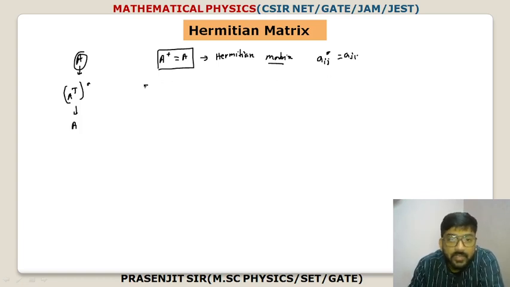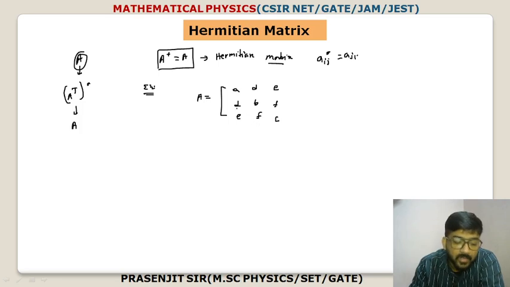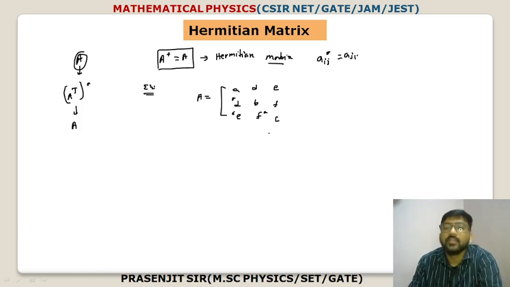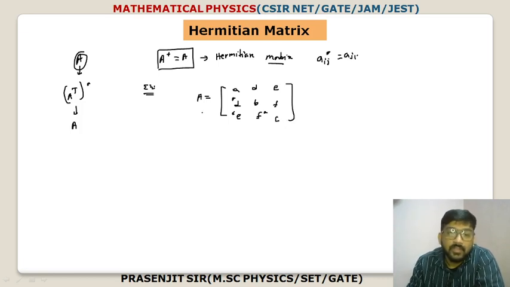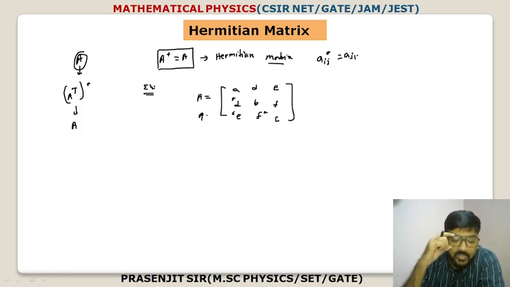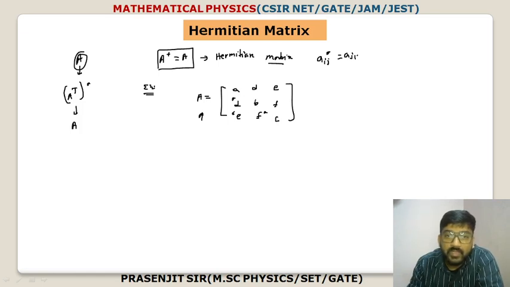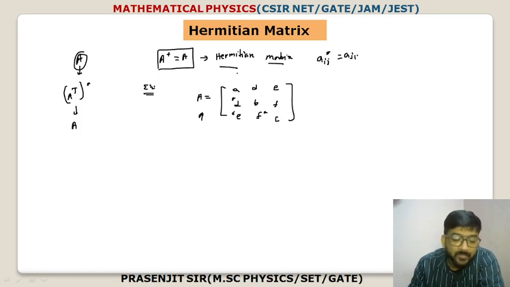For example, let us take an example: A is equal to A, D, E; then D, B, F; and E, F, C. Suppose we take the conjugate transpose of this. Okay, so you will get something like this. So this matrix is nothing but a Hermitian matrix. And about a Hermitian matrix, one thing you should remember is that the principal diagonal for a Hermitian matrix is always real.